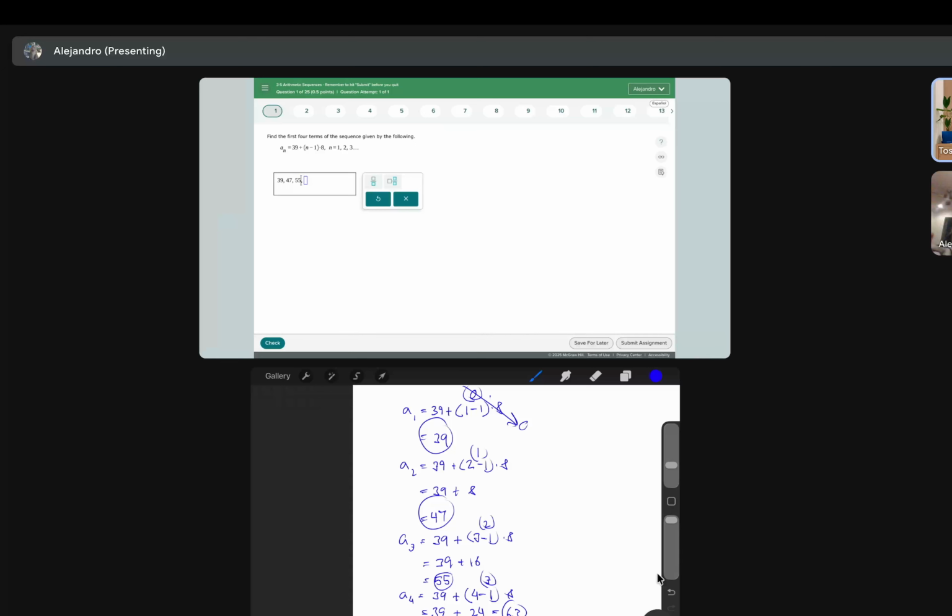If you notice, in an arithmetic sequence, it's always increasing or decreasing. It could be decreasing too, by the same difference, like they call it the D, or by a number.